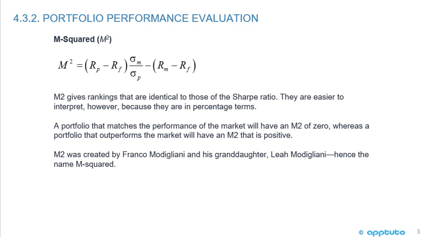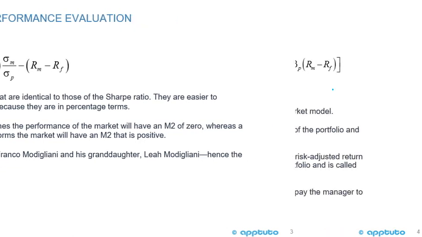They are easier to interpret, however, because they are in percentage terms. A portfolio that matches the performance of the market will have an M-squared of 0, whereas a portfolio that outperforms the market will have an M-squared that is positive. M-squared was created by Franco Modigliani and his granddaughter Leah, hence the name M-squared.